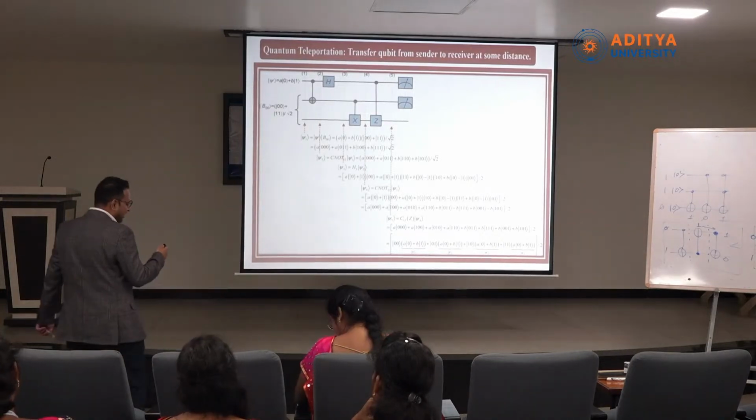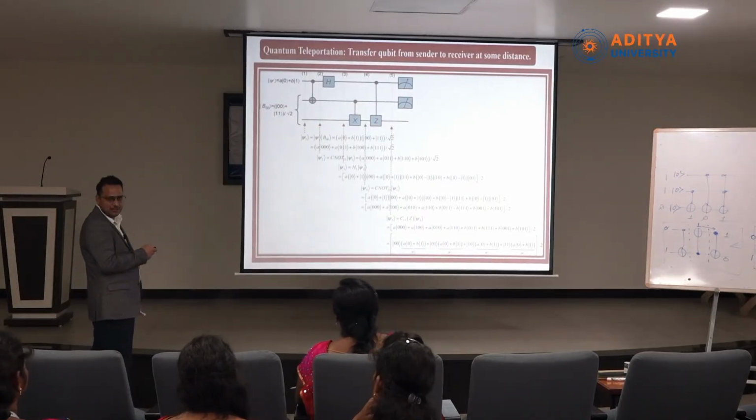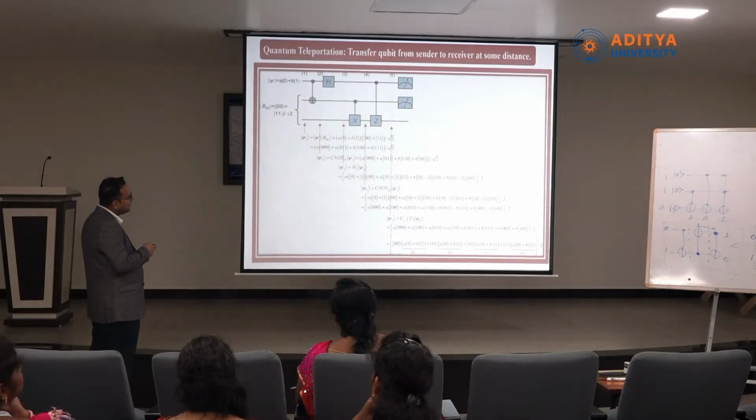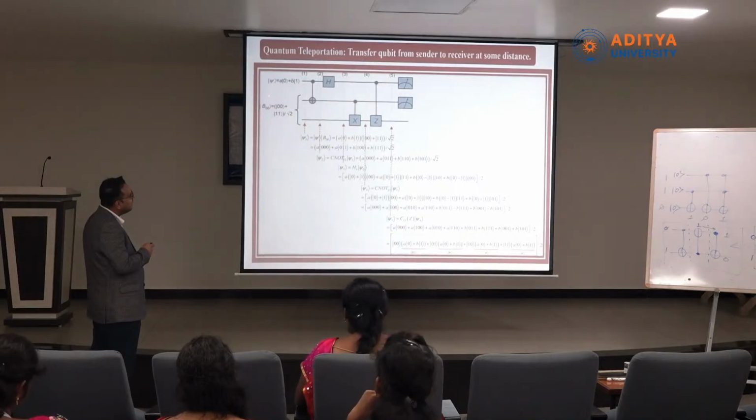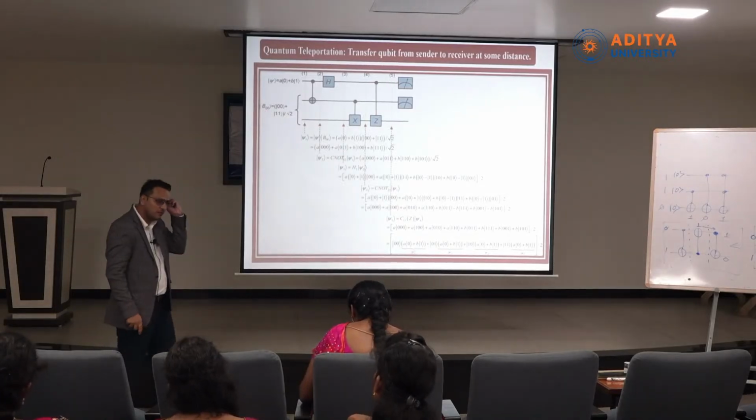Okay, look at the board here. So now, what to do first with this circuit? Remember, this is the sender's second qubit and the receiver's qubit. Initially we made the entanglement of the sender and receiver qubits. So for that we created a Bell state B00.